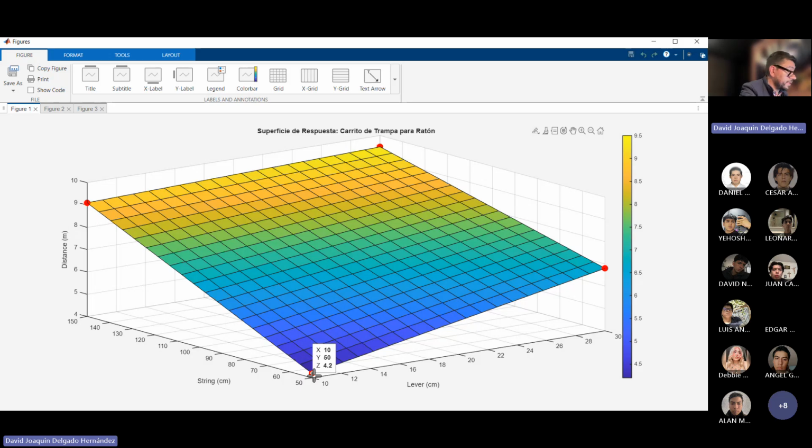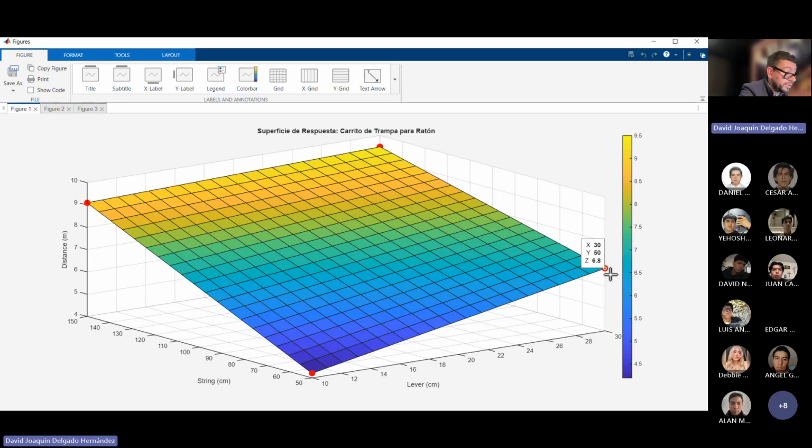Then I have a second experiment based on the table again. The second experiment is 30 and 50. The lever arm is 30 and the string is 50 and the distance is 6.8.